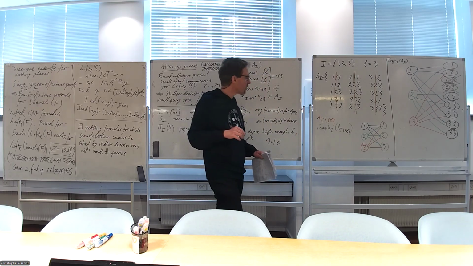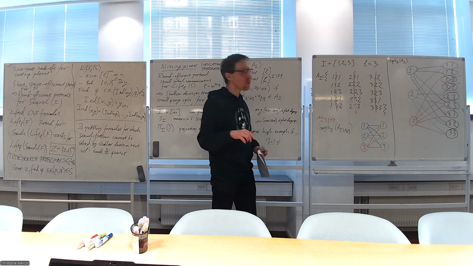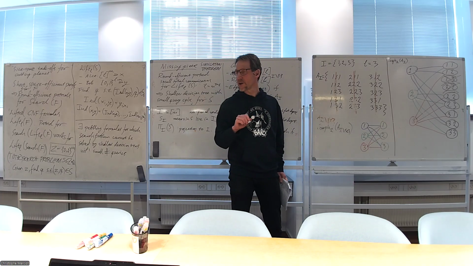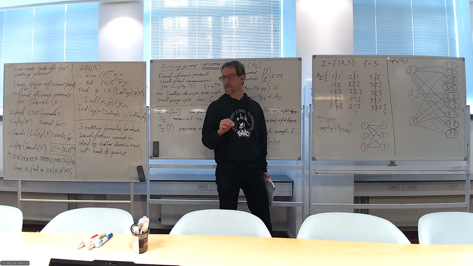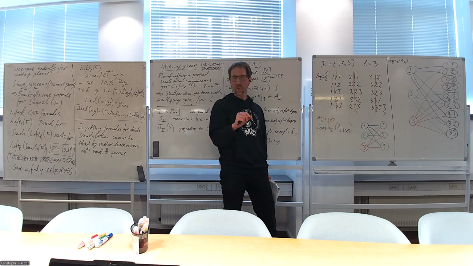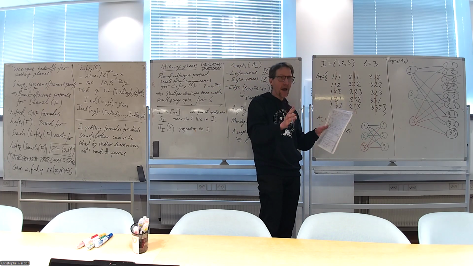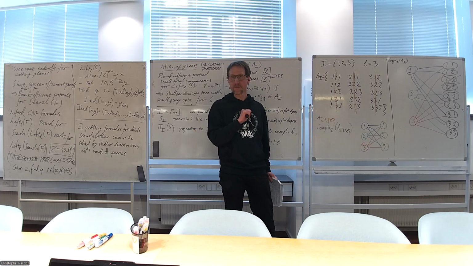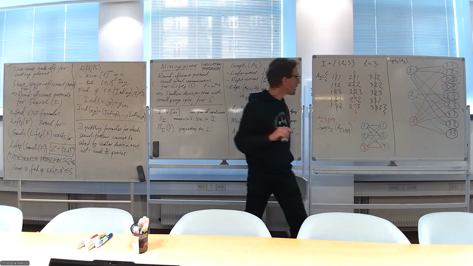Let me say one more thing before I erase this picture. One thing that will become important later on is, suppose I'm looking at the graph of A_i for coordinate I, and suppose I remove some other coordinate. For instance, here, suppose I remove coordinate 2. Now I can look at the graph of A restricted to I minus index 2. How does that change the right degree? It can only get higher.